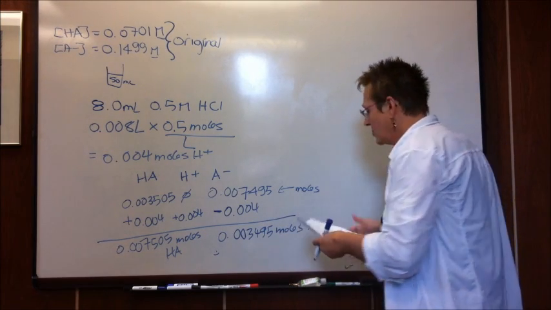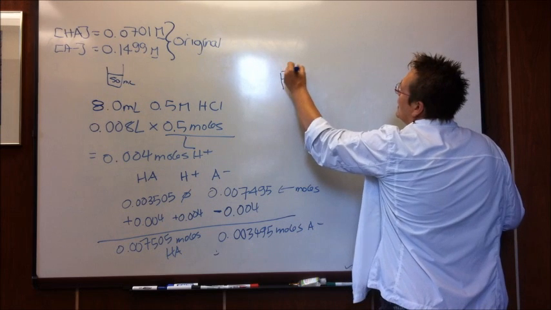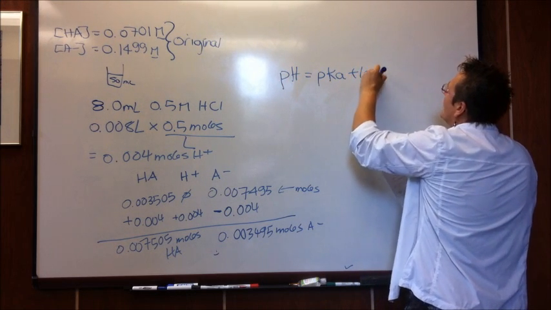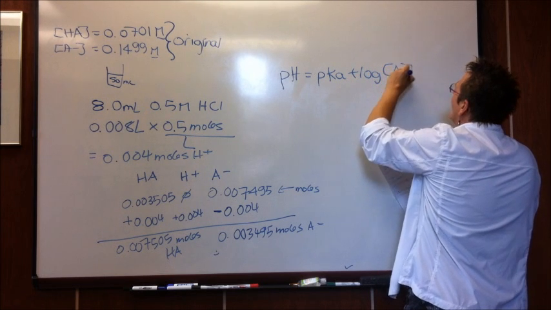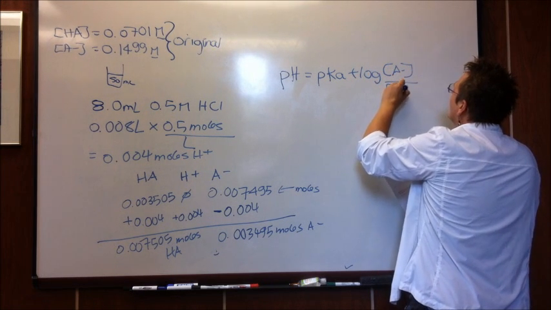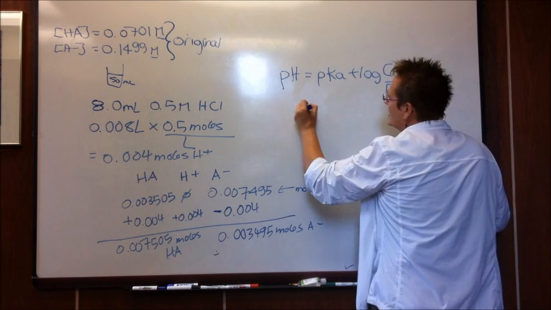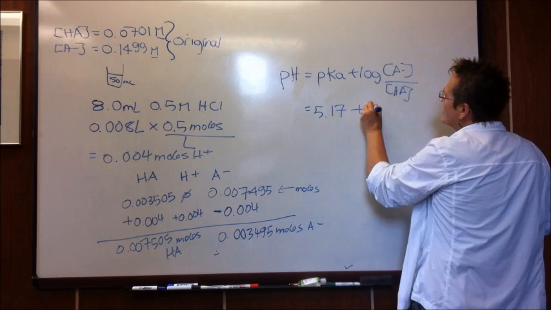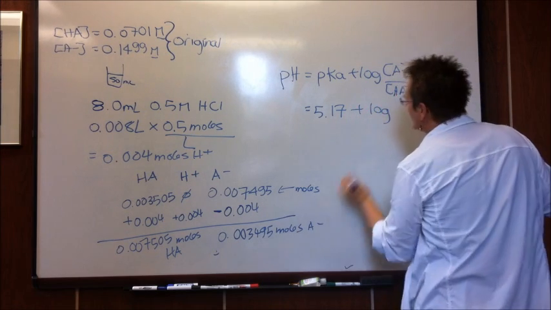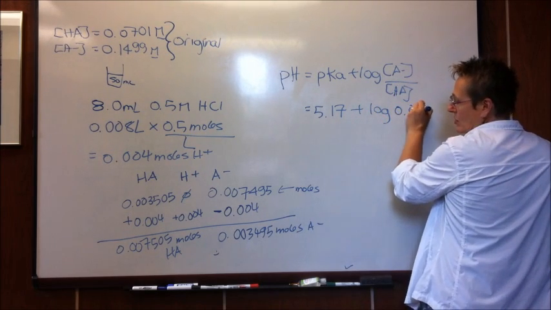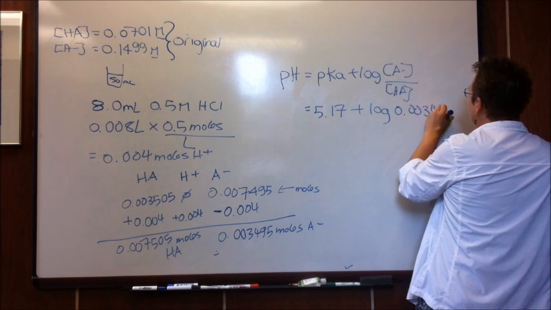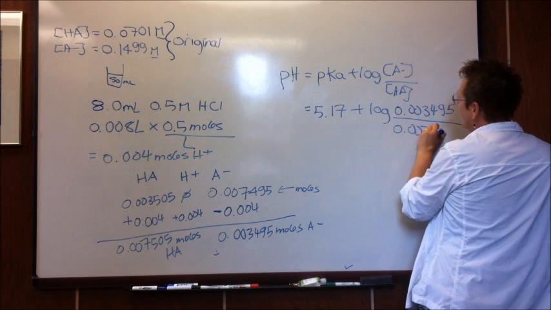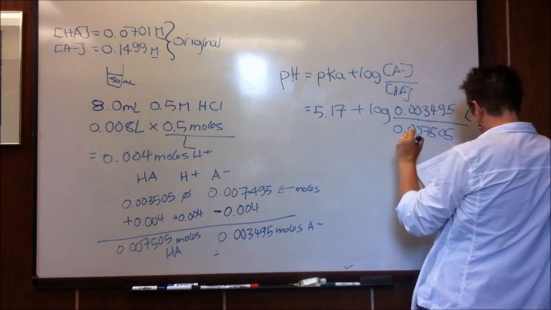I simply go into the Henderson-Hasselbalch and say, okay, the pH is equal to the pKa plus the log of A- over HA. This pH is going to be equal to 5.17, that's our pKa, plus the log of A-, 0.003495 over 0.007505.